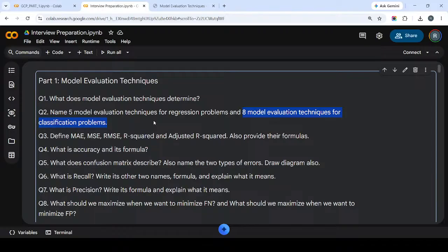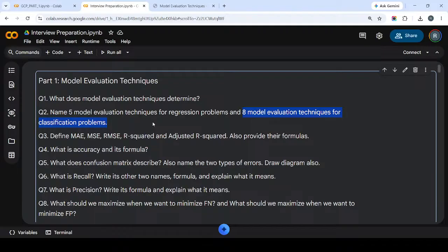Then we have precision. Then we may use the confusion matrix. You may or may not have heard the name confusion matrix. Then we have the F beta score. I will explain why we use the F beta score, and all of these.